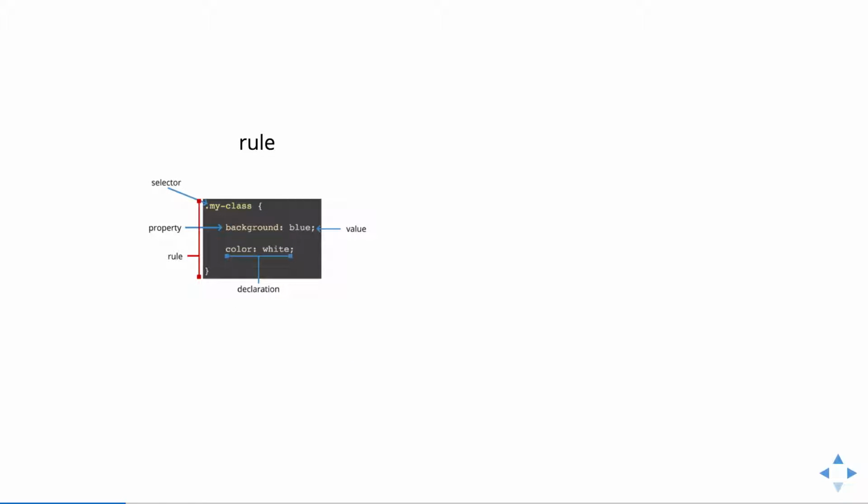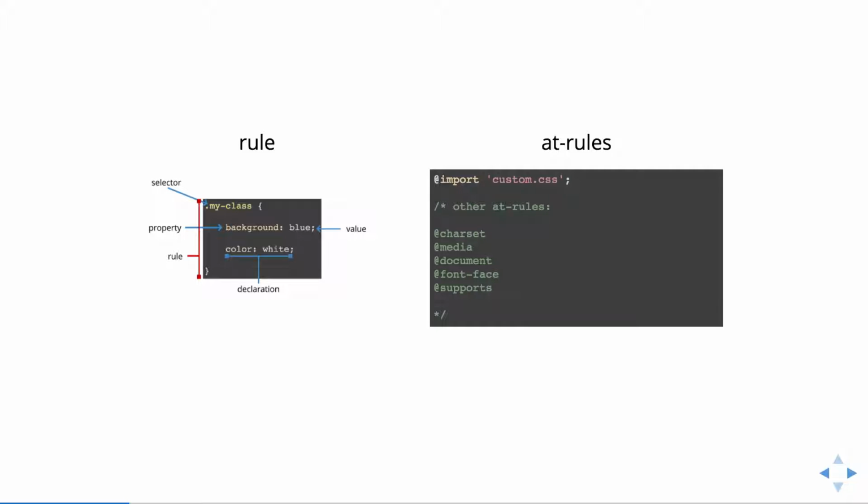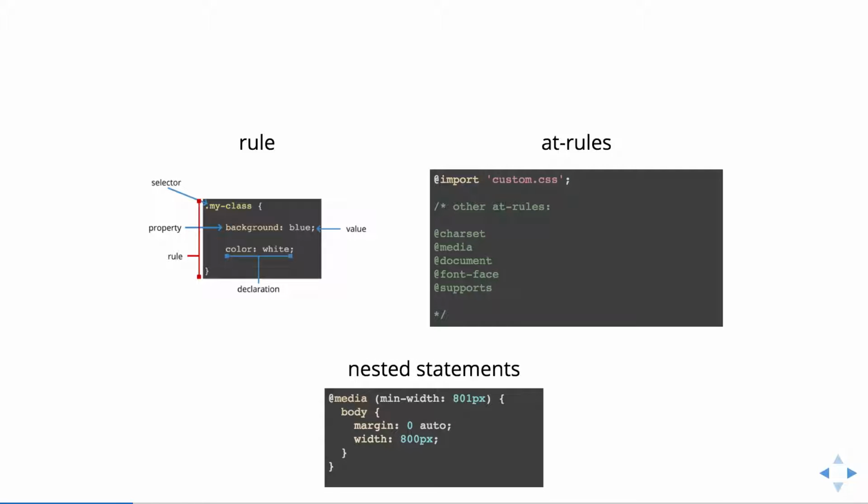That's an instance of a rule. In CSS, we also have at-rules. Your at-rules are basically another statement that has some special meaning. The format is a little bit different, but these are your basic building blocks of a style sheet. And these can nest. You can nest an at-rule with these other ones.